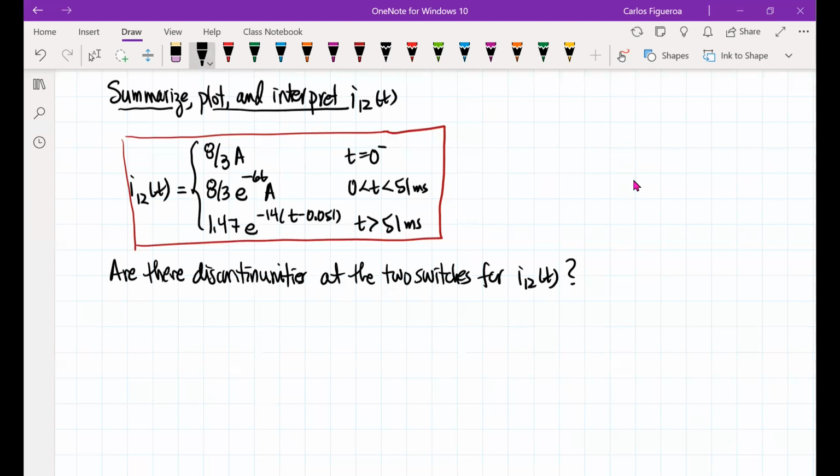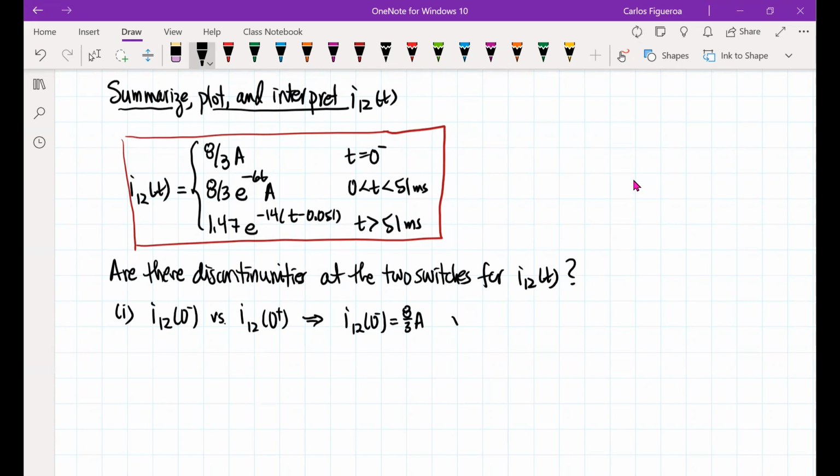So the first one I'm going to look at is, is there a discontinuity between I12 at 0 minus versus I12 at 0 plus? So I can look at my solutions here, and this is what it tells me. It tells me that I12 of 0 minus is equal to 8/3 amps.